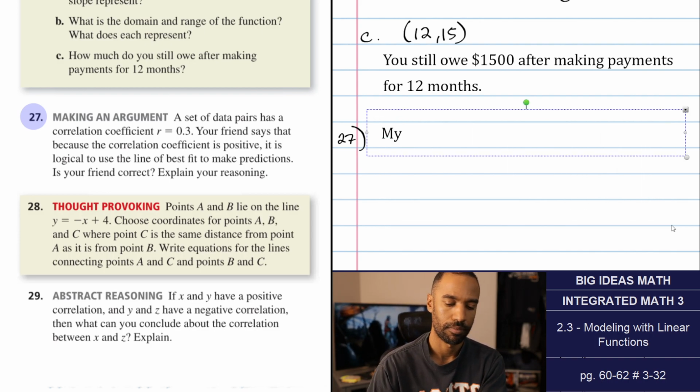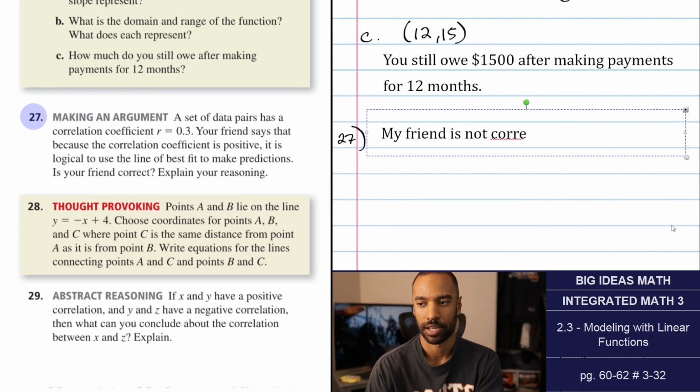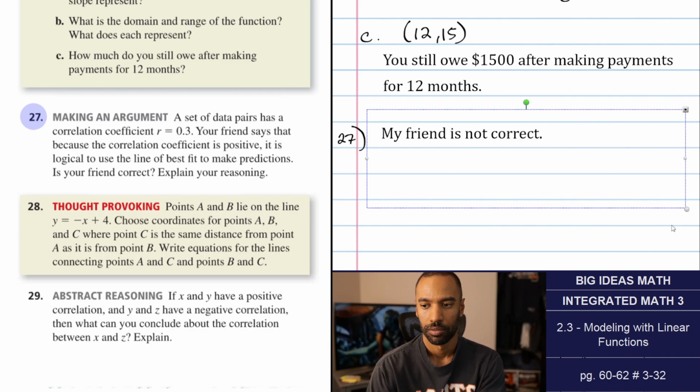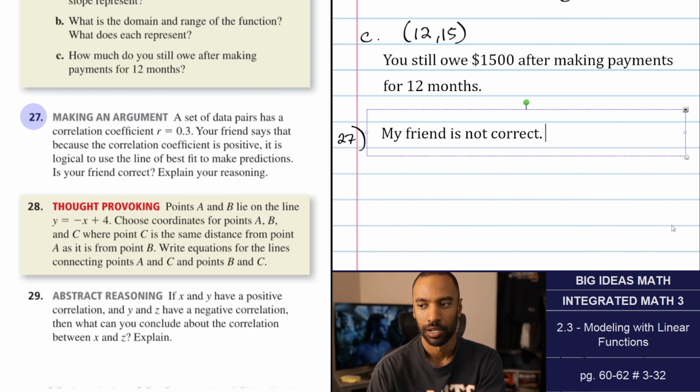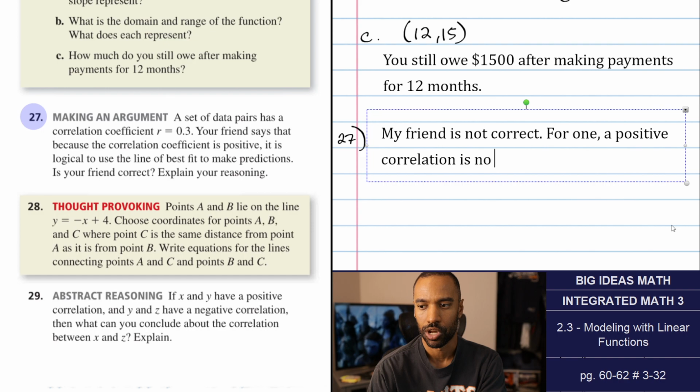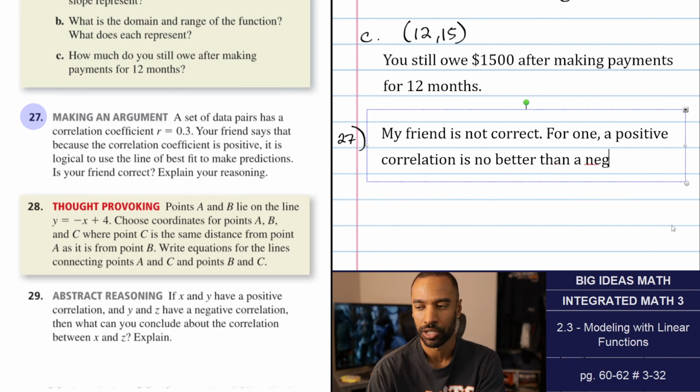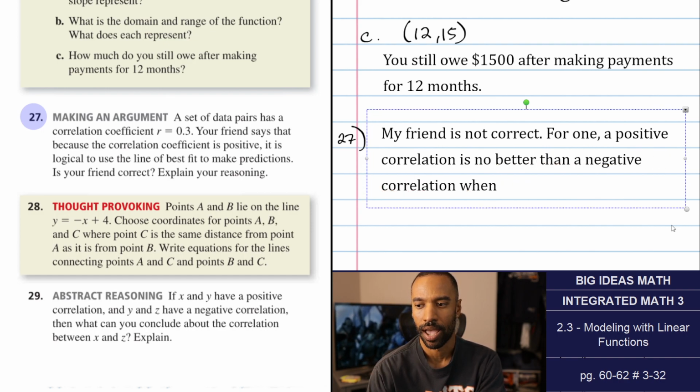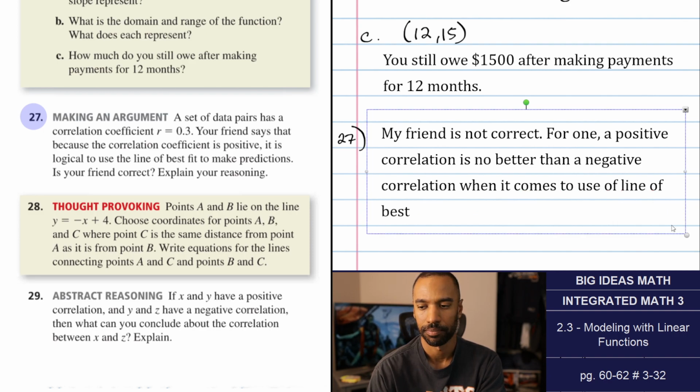My friend is not correct for two reasons. One doesn't lead to the other here. For one, a positive correlation is no better than a negative correlation when it comes to use of the line of best fit.